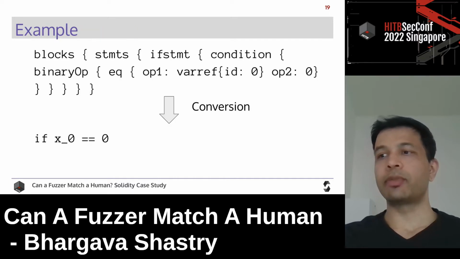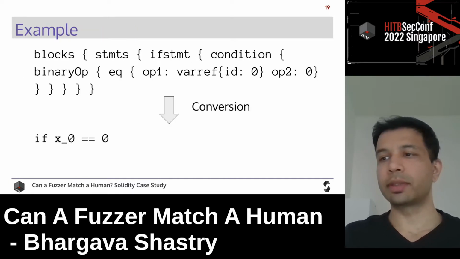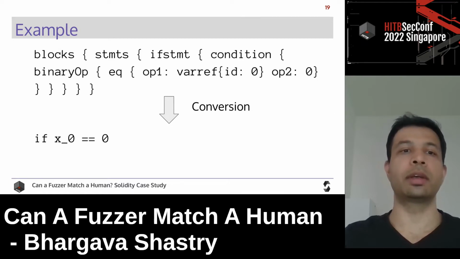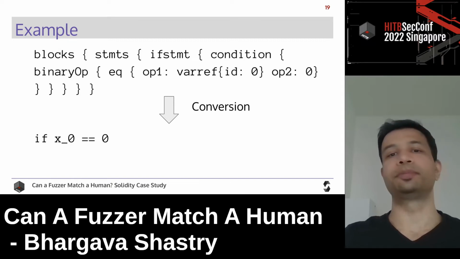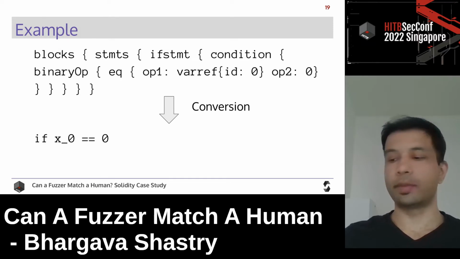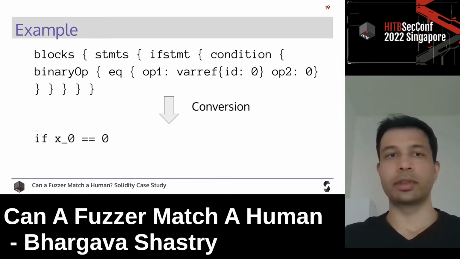In this slide, I provide an example to visualize the 3 steps. So essentially, the JSON input is converted to the text form of the Yul program, which looks like if x0 equals 0, where x0 is a predefined or pre-declared Yul variable. This is, of course, a code snippet. The entire program is much larger, but I just wanted to demonstrate what the conversion may be visualized as.